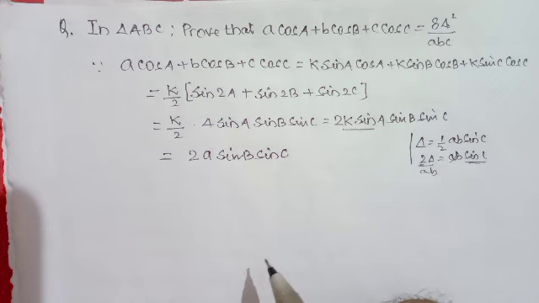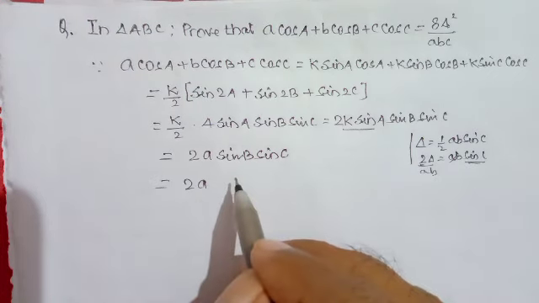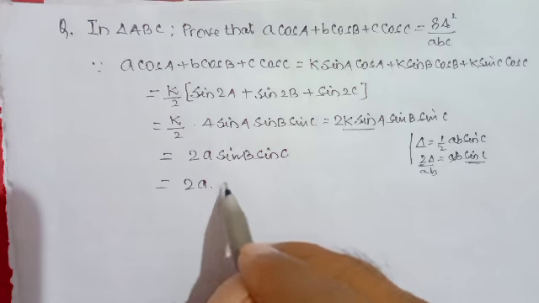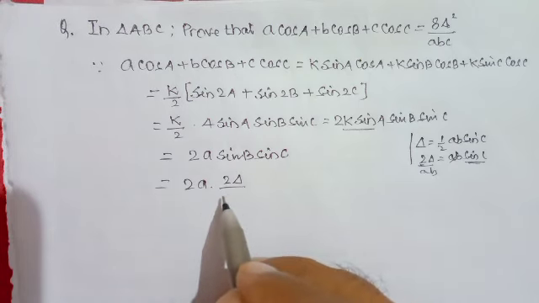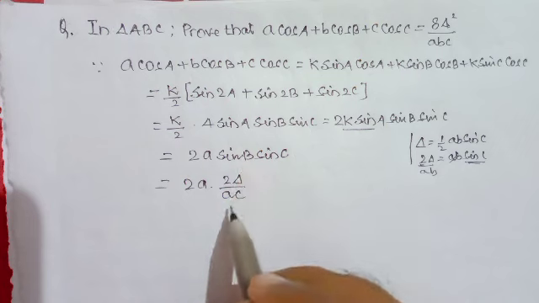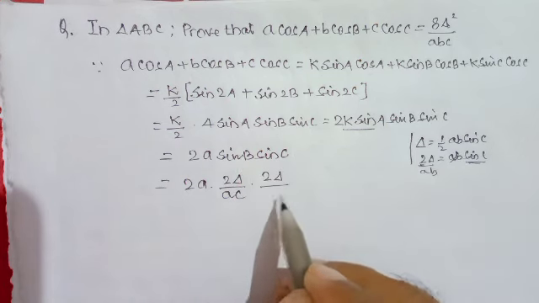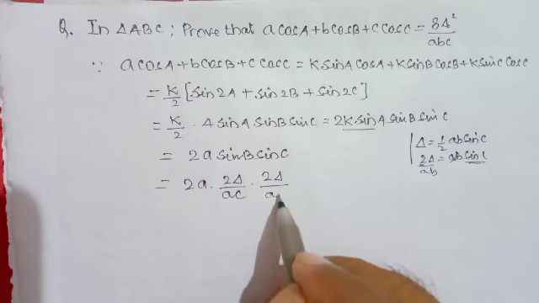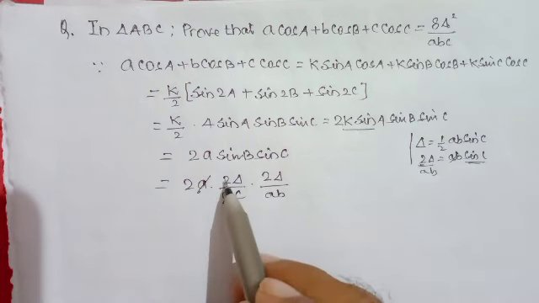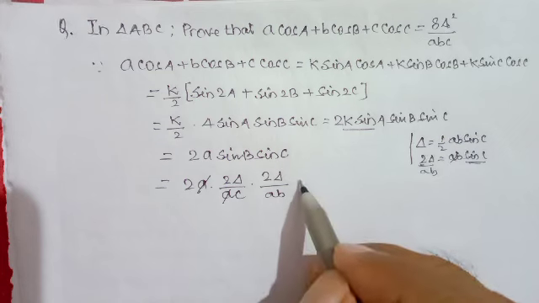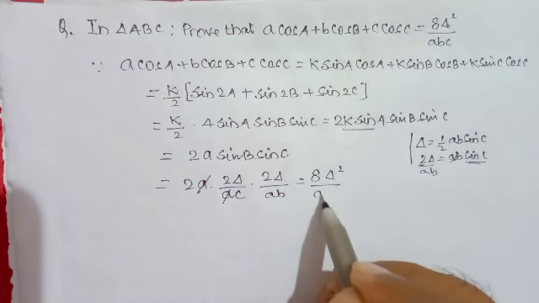So just write it in the form 2A sine B. Sine B similarly will be 2 area of triangle upon AC, because this is B. Similarly, this is 2 area of triangle upon AB. So 1A should be cancelled. This becomes 2 into 2 into 2, 8 area of triangle square upon ABC.